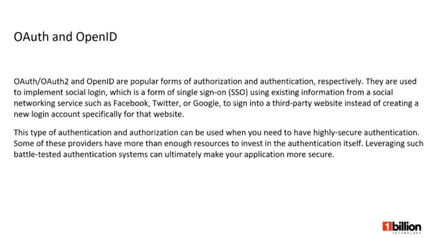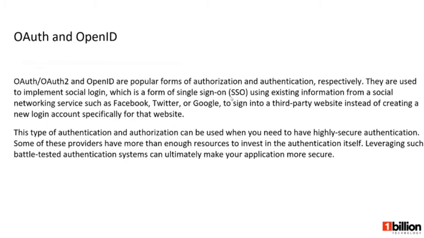So let's talk about third-party authentication methods, or OAuth and OpenID. OAuth and OpenID are popular forms of authorization and authentication respectively. They are used to implement social login, which is a form of single sign-on using existing information from a social networking service such as Facebook, Twitter, or Google to sign into a third-party website instead of creating a new login account especially for that website.